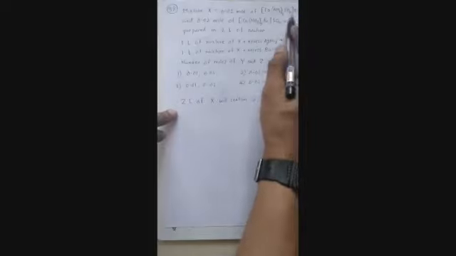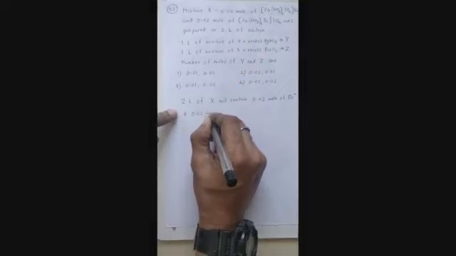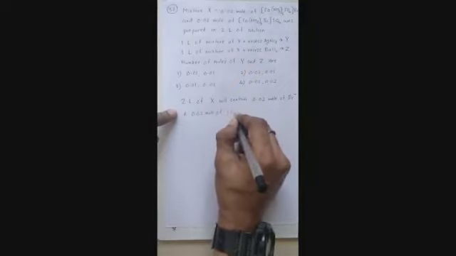Correct? Now here we have Br minus, so this whole thing has Br minus, and 0.02 mole of SO4 minus 2. Correct?